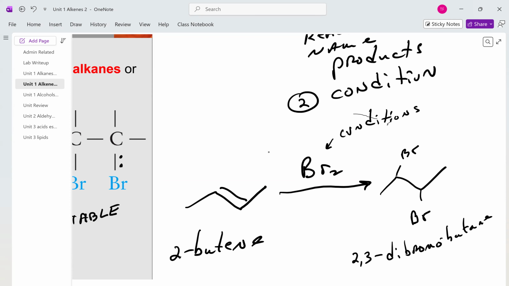Now, when you're adding homogeneic addends, you don't get a mixture because the bromines are the same. When we have a heterogeneic situation where we're adding, you get a mixture. So homo, no mixture, hetero, mixture.